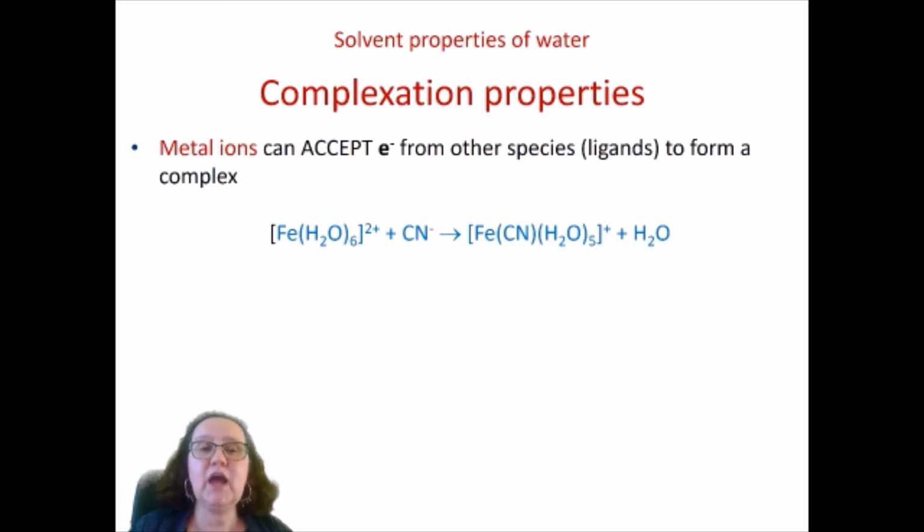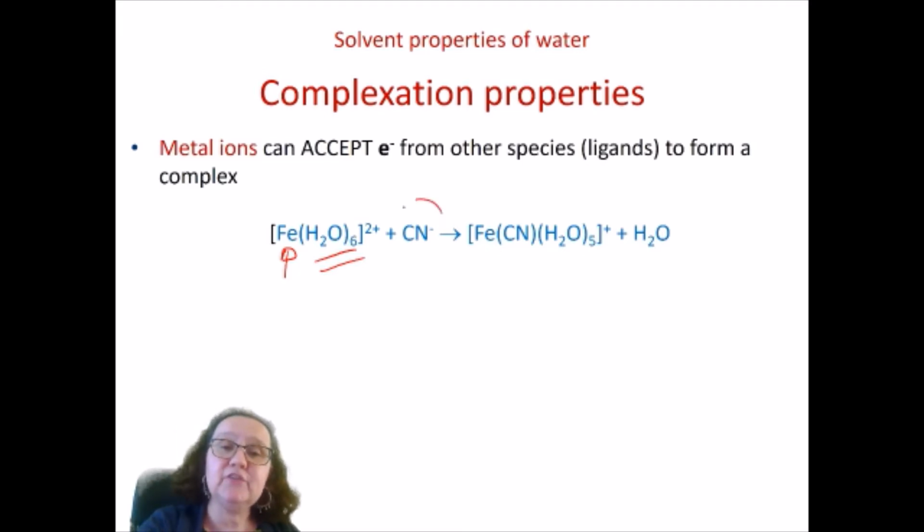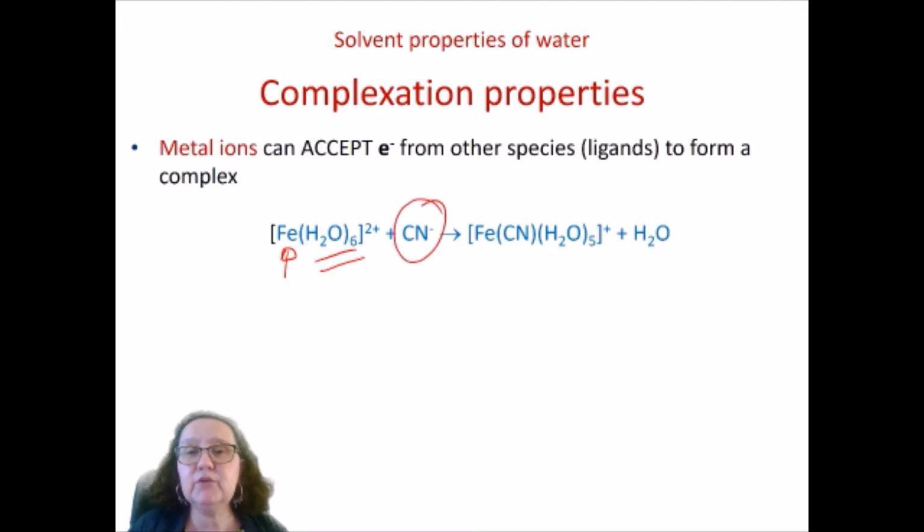For example, when you have an atom of iron with two positive charges dissolving in water, it is surrounded by 6 molecules of water, and that's a hydrated iron 2 ion. But if you have cyanide in the medium, cyanide can make a really good bond with the iron, so it will displace one of your water molecules and make a new complex in which you have the iron ion, the cyanide, and the other 5 will still be molecules of water.